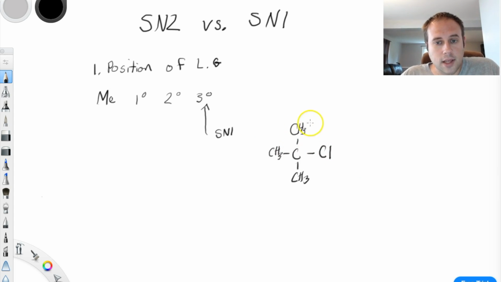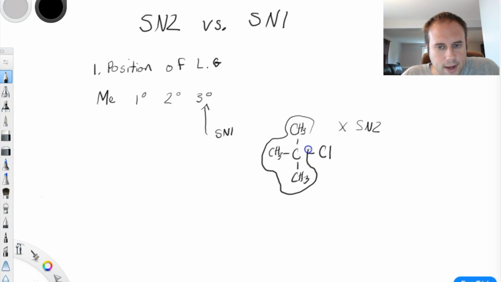But in a condition like this, if you ever saw tertiary, SN2 is not a possibility because there's too much steric hindrance around the leaving group. An SN2 requires the nucleophile to come in at the same time the leaving group is attempting to leave, right?